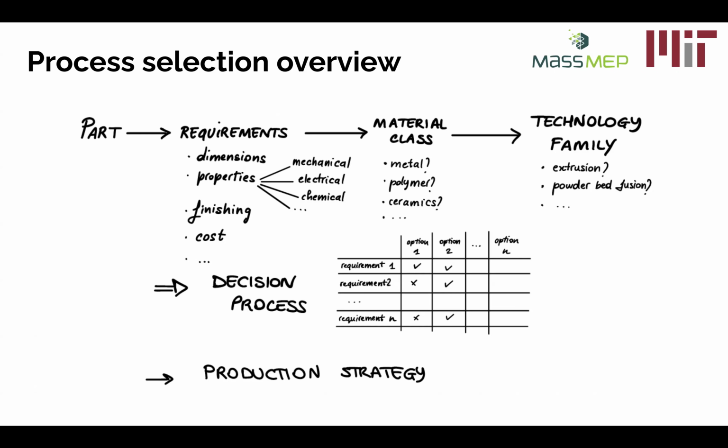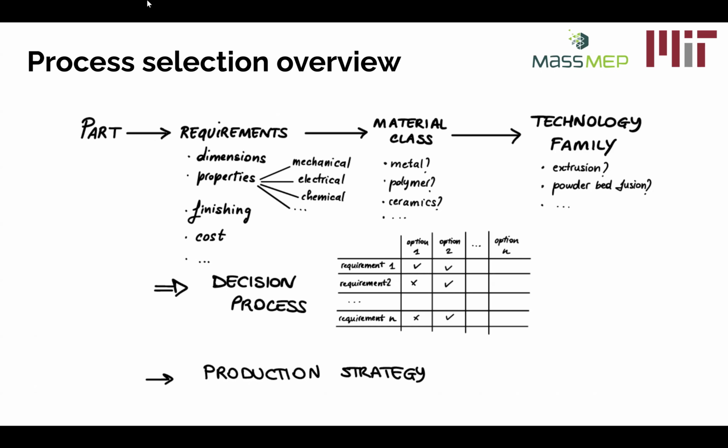You can also decide that one of the options you want to put in the comparison is the current method you're using to manufacture your product. In this way, you have a very good comparison of what is the value I'm potentially adding, if I'm adding any. And if I'm not adding any value by using a new technology or a new material, maybe it doesn't make sense to print it. Maybe I should change something else in my evaluation.